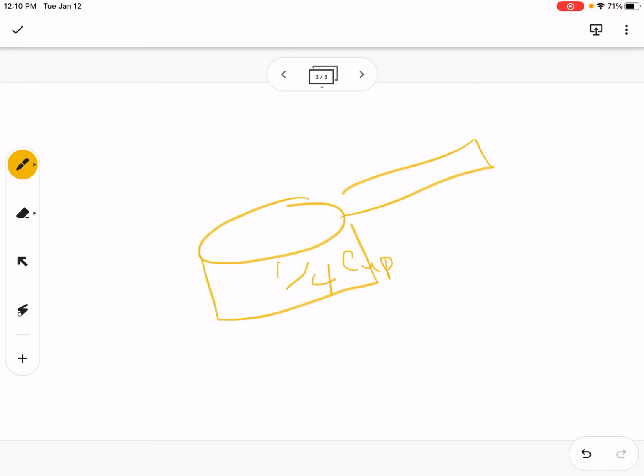So if I scooped one of these scoops, I've got 1/4. That's 1 scoop. But what would happen if I took out 2 of those scoops and put them into a container? So if I had 2 scoops, then I would have 2/4 of a cup of flour.